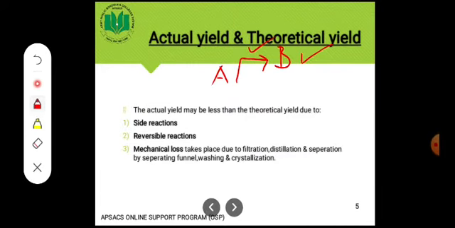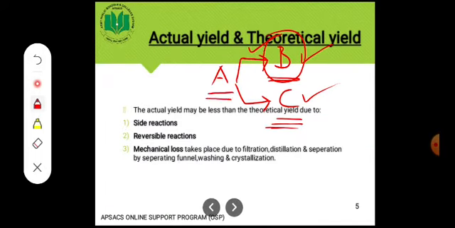But sometimes some side reactions may take place and the reactant A may be converted into product C. This is the byproduct that we don't want. So due to the formation of product C, we don't get the actual yield of product B. Means the amount of product B is reduced due to the formation of product C, because some of the reactant A is converted into the product C.